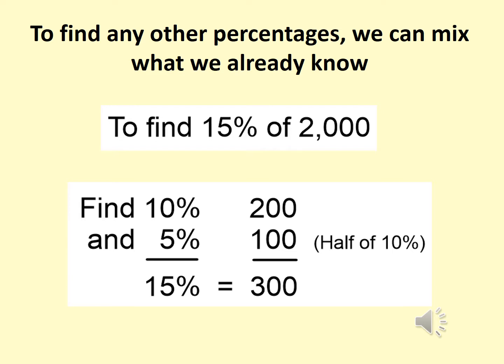And 5% is half of 10%. So if 10% is 200, half of that is 100. So if we add together the 10% and the 5%, we get the 15%. We add together the 200 and the 100, and we get 300. So 15% of 2,000 is 300.